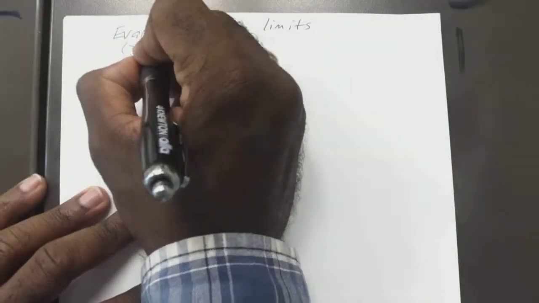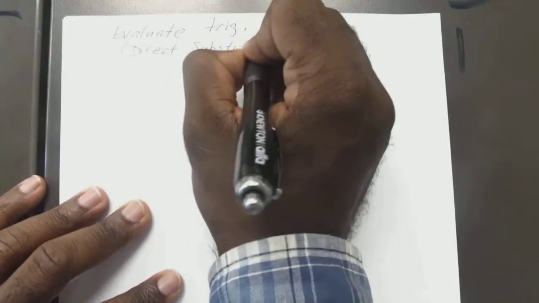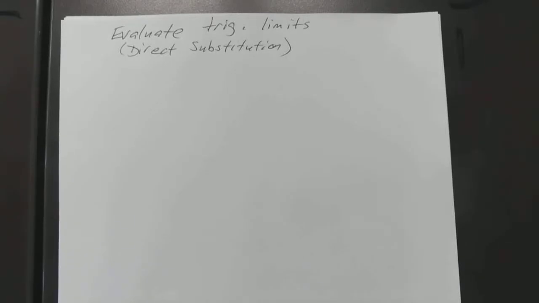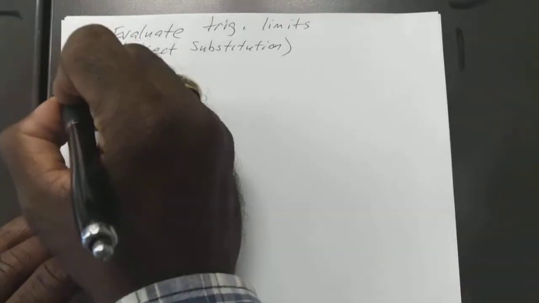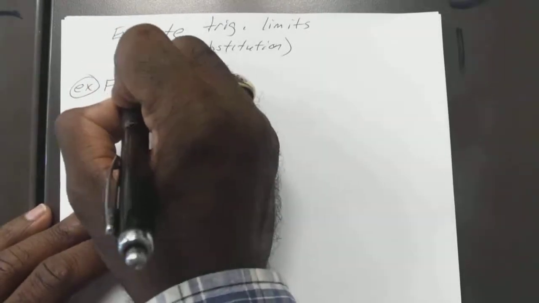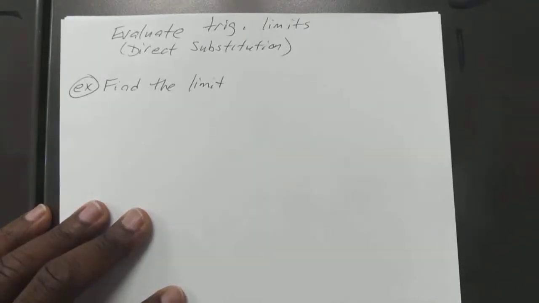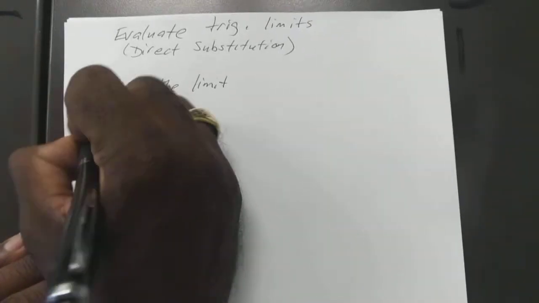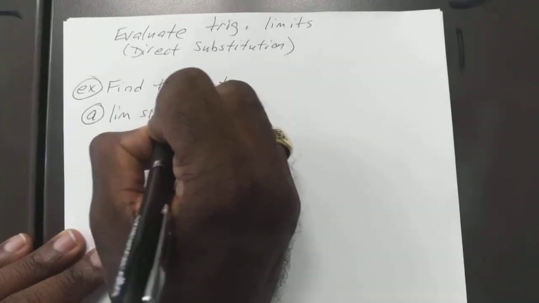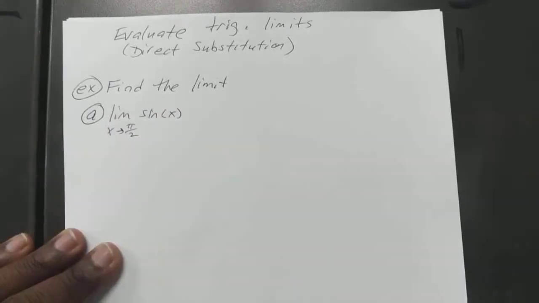And we're going to go by direct substitution. Okay, so for example, if you wanted to find the limit of, let's say, problem A, the limit of sine of x as x approaches pi over 2.